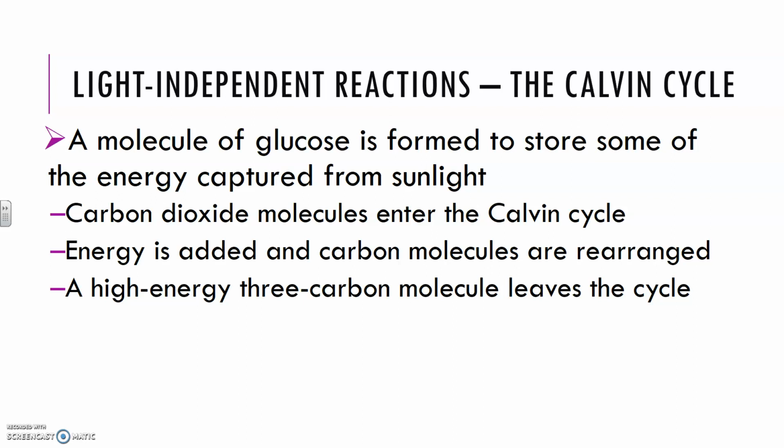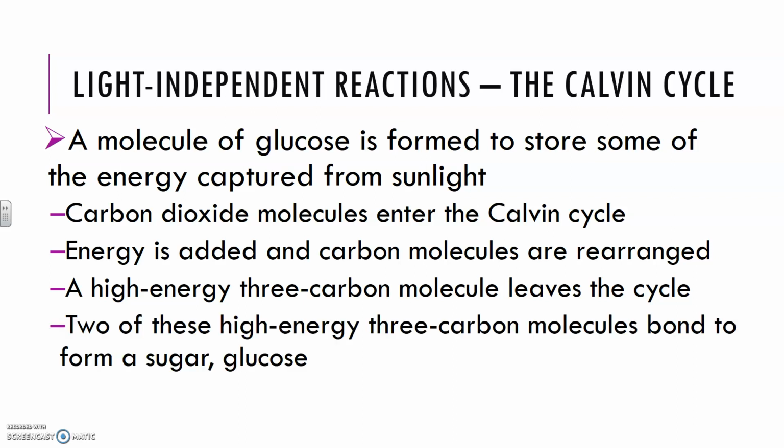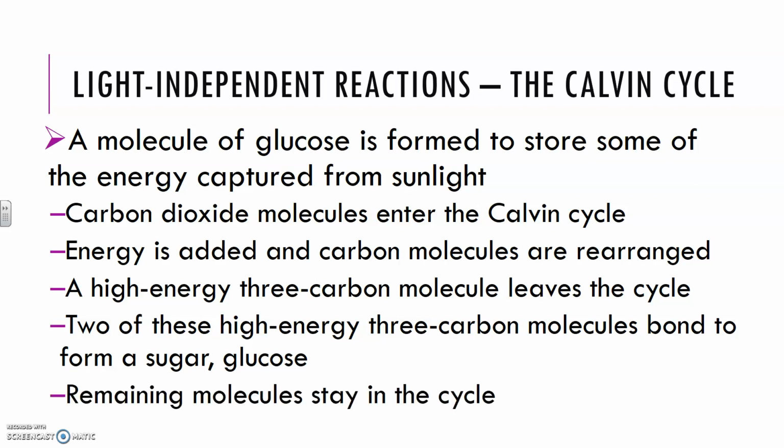Now for every glucose, you actually have to go through this cycle twice, because each glucose has 6 carbons, and if you're only getting out a 3-carbon molecule, you need to go through it twice. So 2 of these high energy 3-carbon molecules will bond to form a sugar, which is glucose. And then the remaining molecules will stay in the cycle.